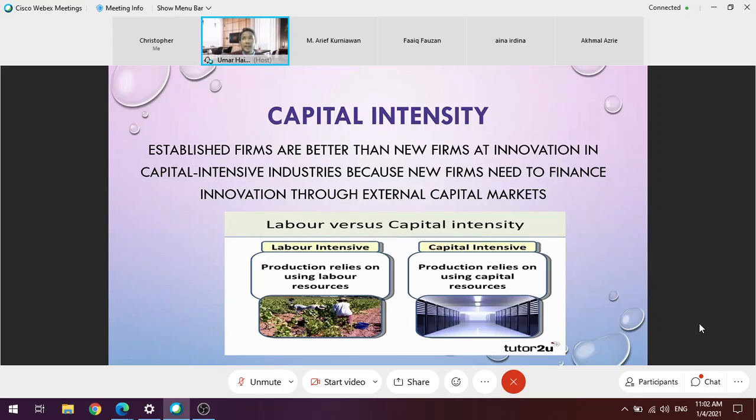That's why in Malaysia, since we are not yet focusing much on automation, we still rely on labor. Meanwhile, an advanced country like Japan is one of the most advanced countries focusing on automation.